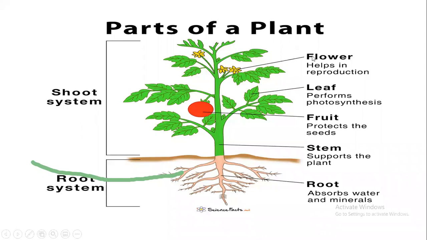Here you can see that under the shoot system, there are 4 parts of plants: flower, leaf, fruit, and stem. Okay, students. So in the shoot system, there are 4 parts of plants: flowers, leaf, fruit, and stem.